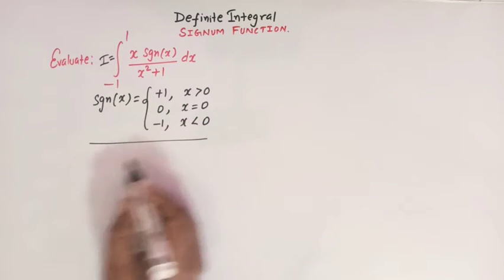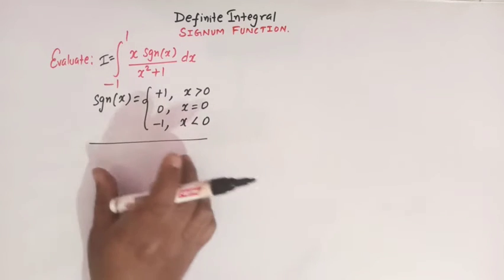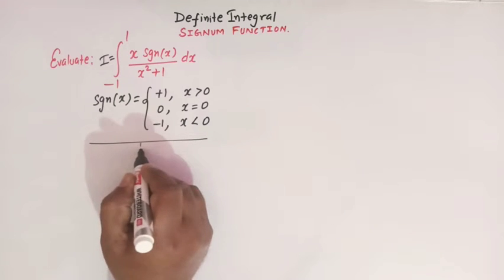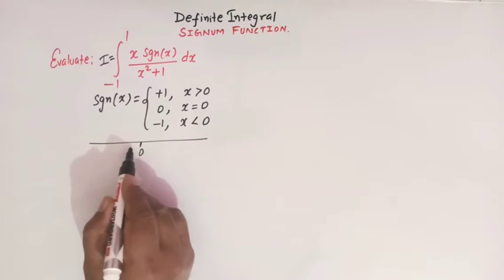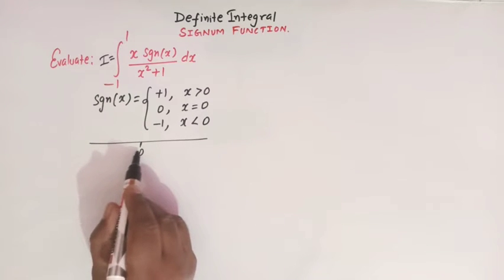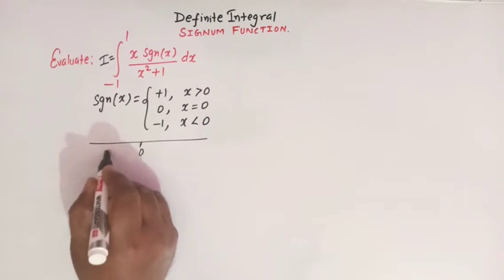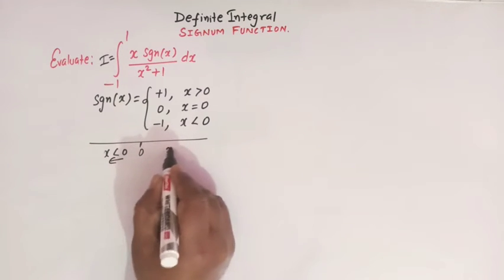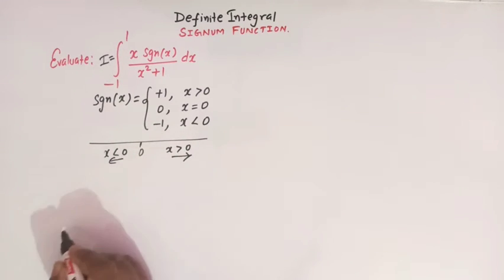And here we can have this number line, and here we have 0, and all the points which lie towards the left of 0 are less than 0, and here we have x greater than 0, right?